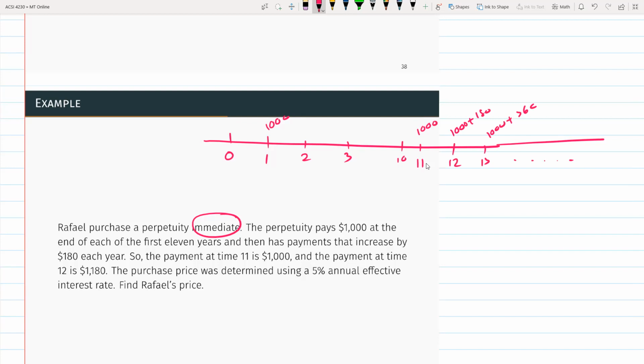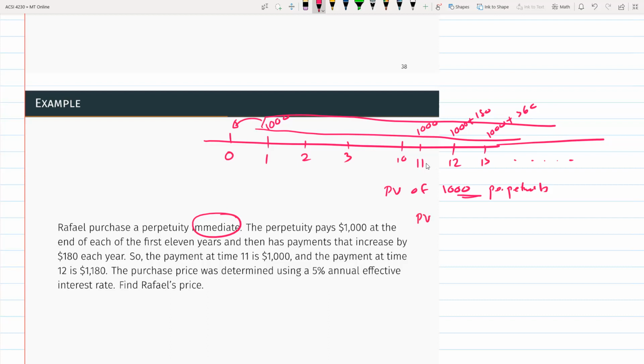So let's go to perpetuity. Okay, so we want to find the present value. You can see that this 1,000 is kind of fixed. So you can get the present value of that 1,000 first, the present value of the 1,000 perpetuity. That's a constant, a level payment, so we know how to get the present value.